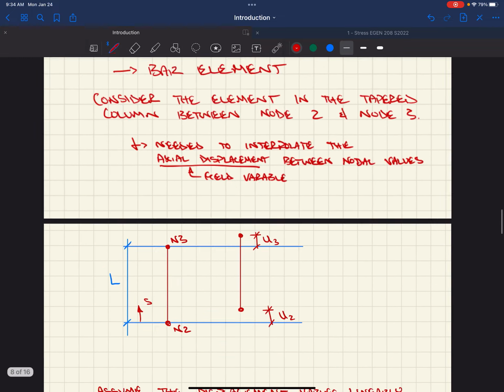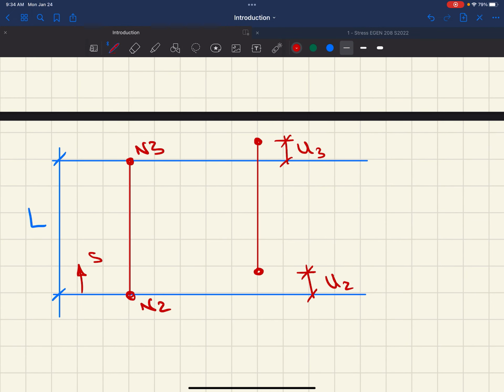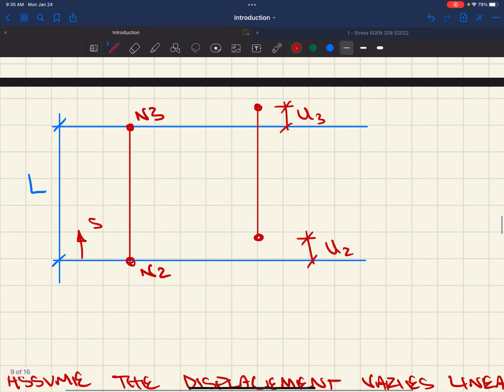So if we look down here, we've got node 2 and node 3. We're going to assume our space variable, right? Our distance that we travel from one node to the next is this variable s. Okay. So when s equals 0, we're at node 2. When s equals L, we're at node 3. Okay, simple enough. And we know that if we looked at the displaced, right, so this would be undisplaced.